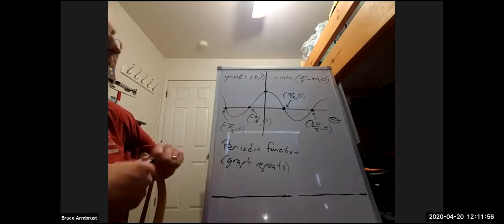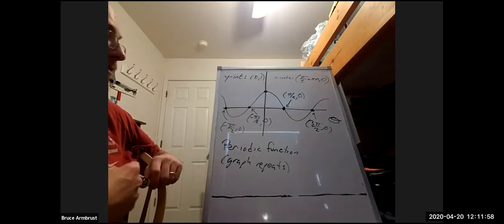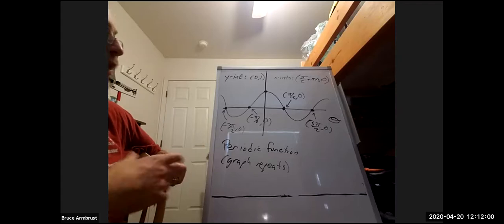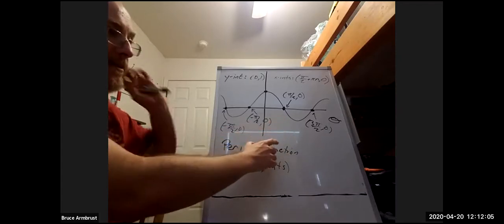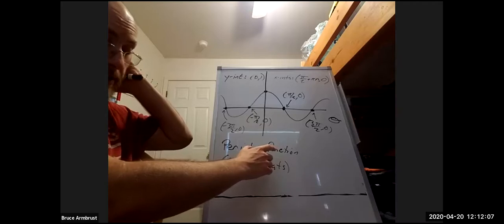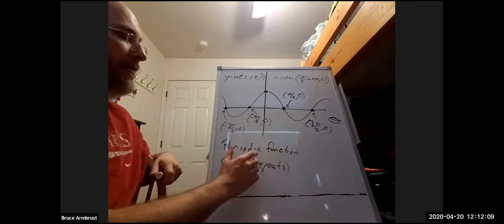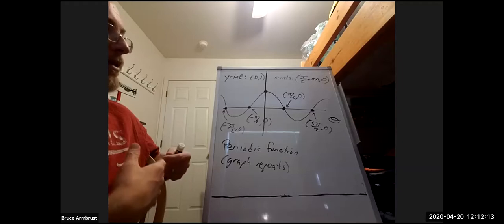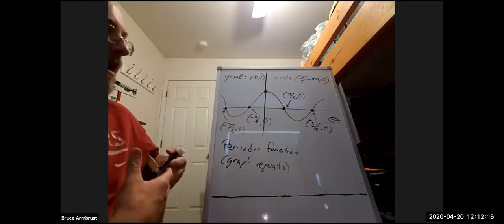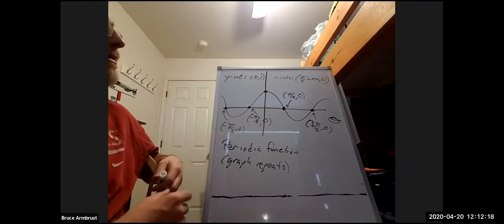And when you have a periodic function, often what we're interested in is the shortest distance, in this case with thetas, the shortest interval of things that we plug in so that we catch the entirety of the graph by just copying it.